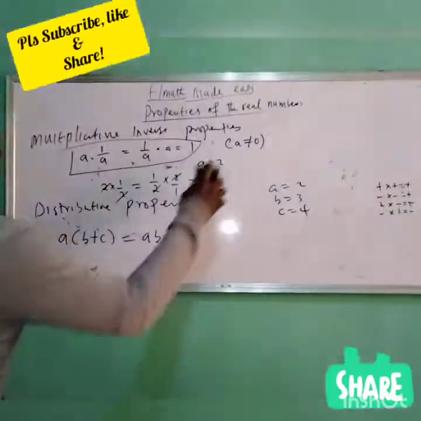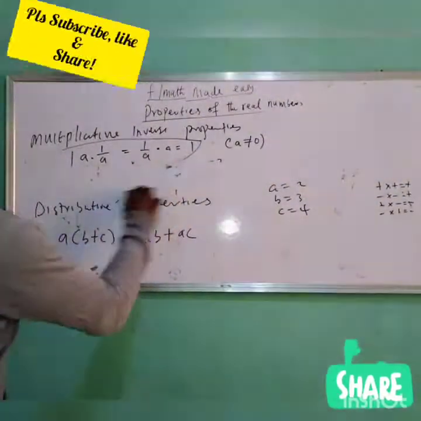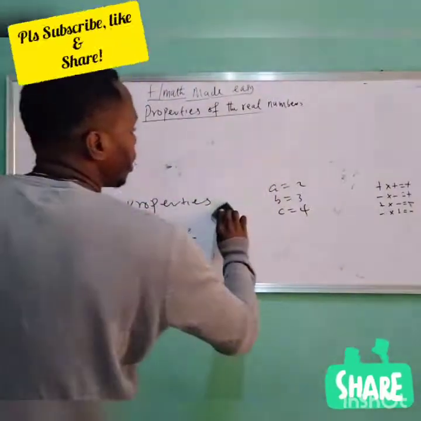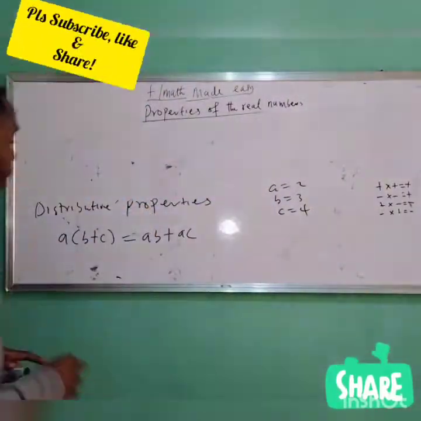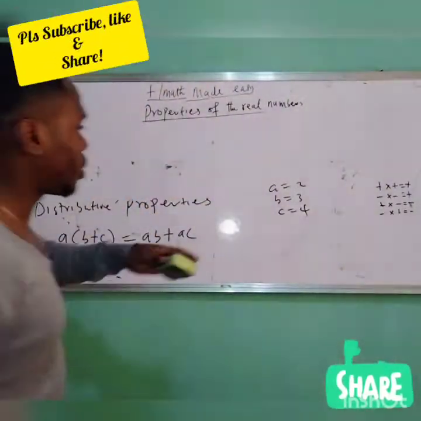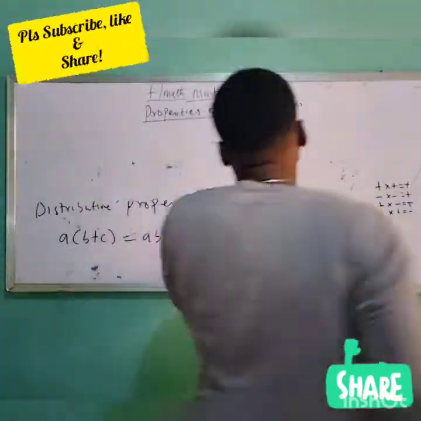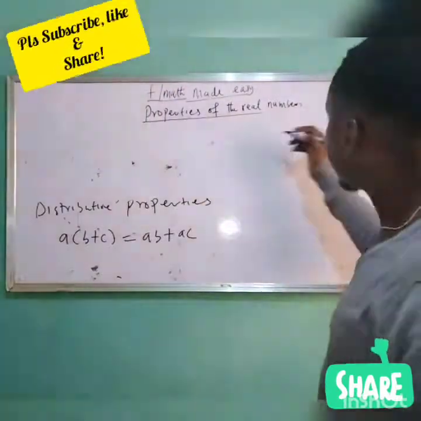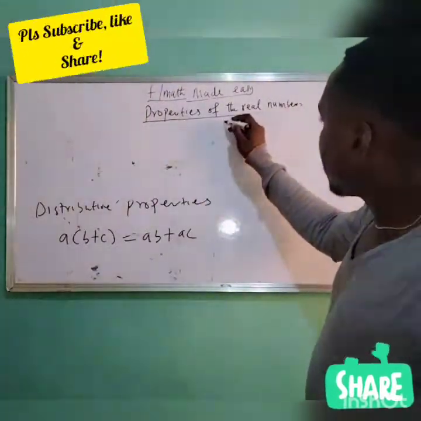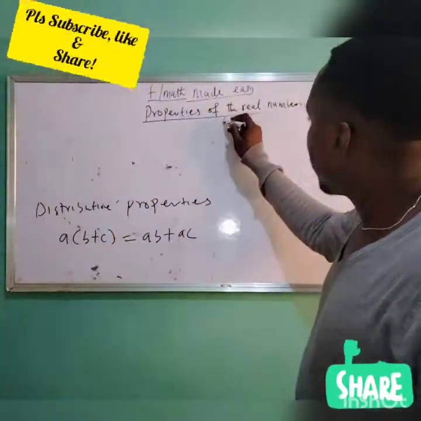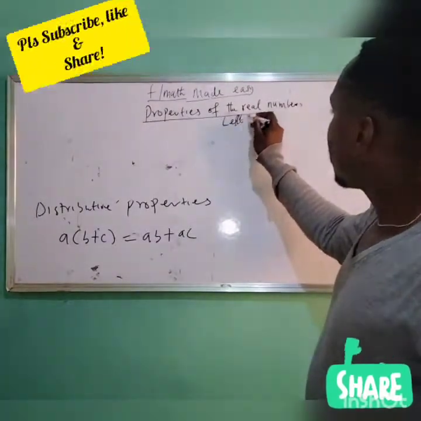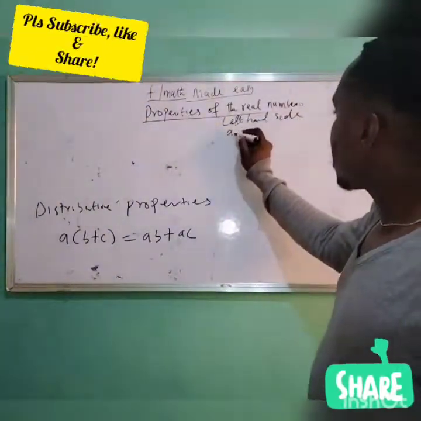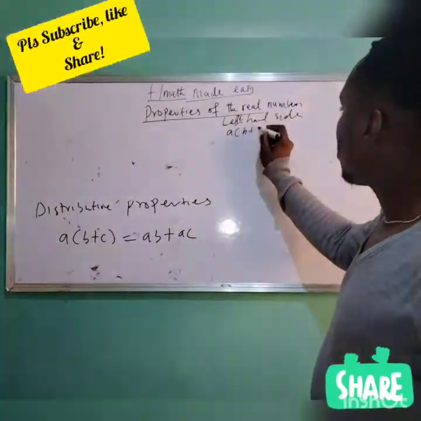So let me quickly take this off. Okay, let me just put this here. Okay, so for the distributive property, we are going to take the left hand side. So we have a into bracket b plus c, right?